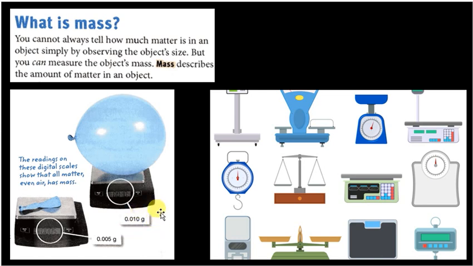So what is the difference? The difference is that this balloon is filled with air. And so you can see that the air has mass, because if the air inside did not have mass, then these two balloons should weigh the same. That proves that the air around us has mass.